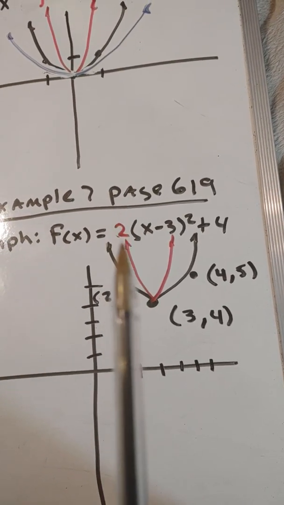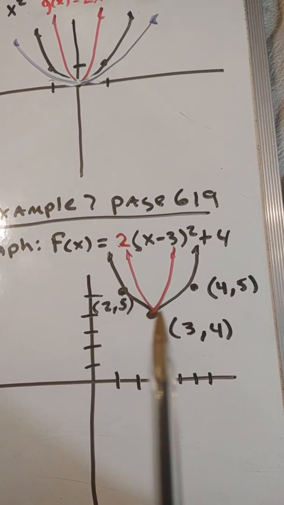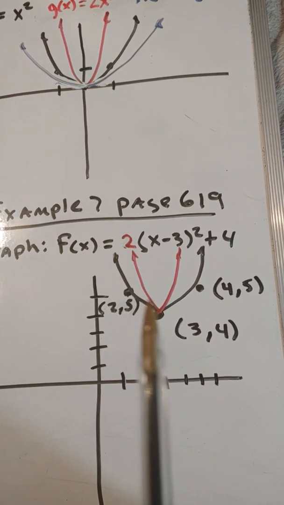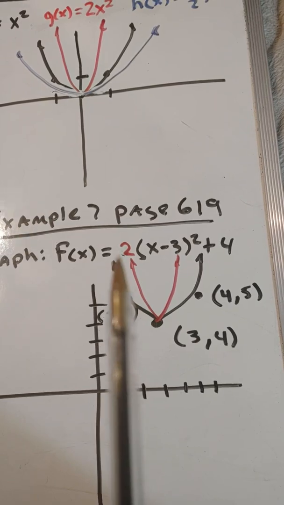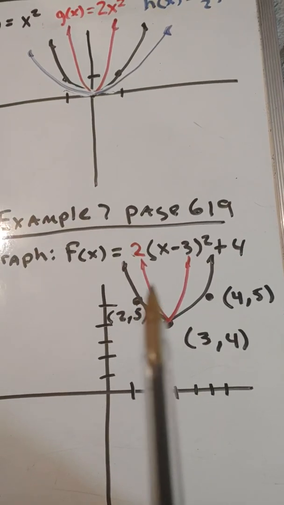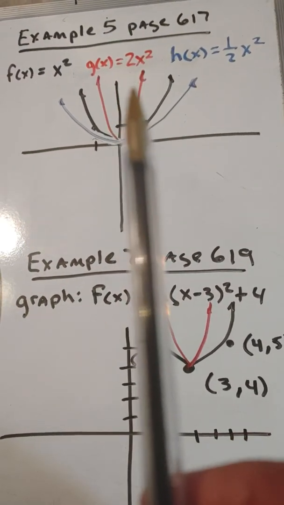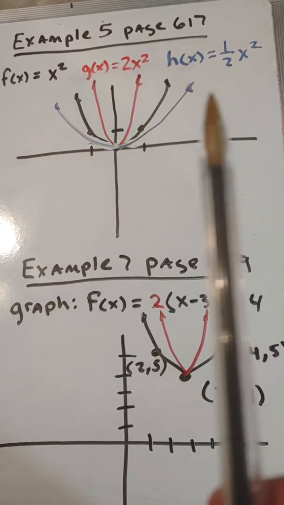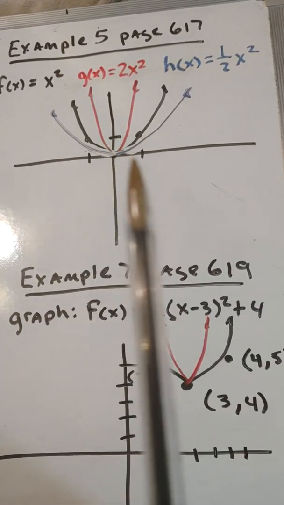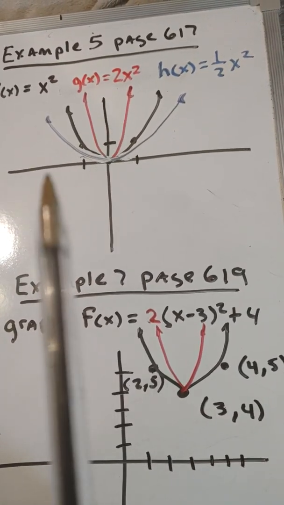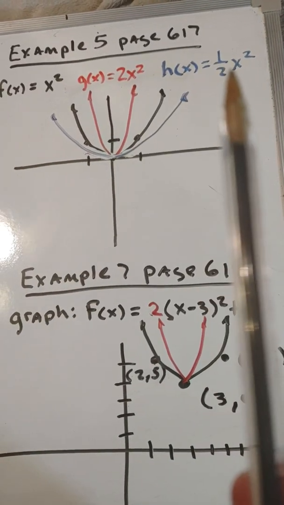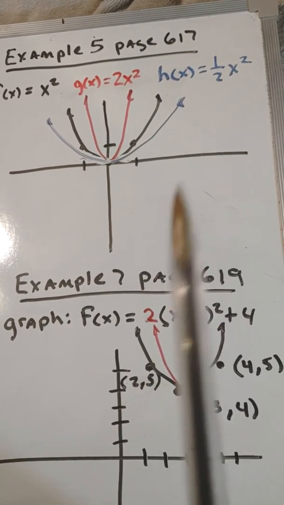The 2 is a vertical stretch, so all I'm doing is drawing a kind of representation of how this would change. And that's all I want to see when there's a number in front of the x squared. I just want to see it stretch if it's larger than 1, and I want to see it compress if it's a fraction or a decimal.